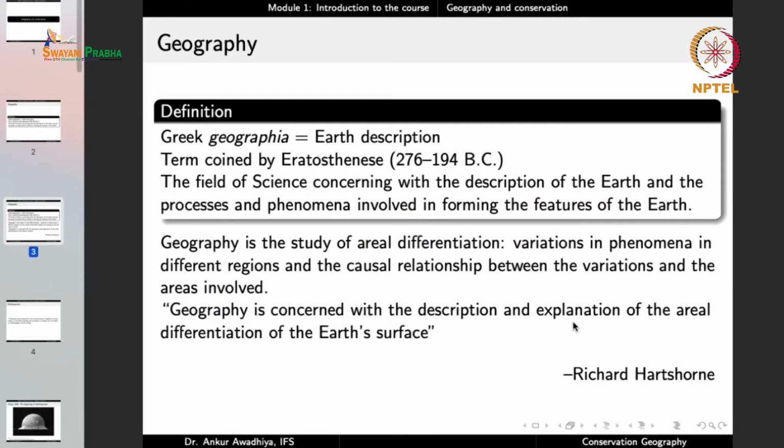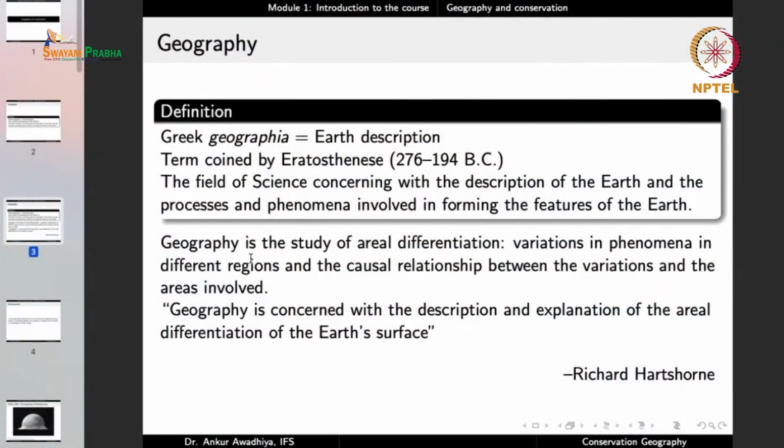Now we can also write it as geography being the study of areal differentiation. That is, if we look over a large area, what are the different things that we find? So when we are describing the earth, when we are describing that, okay, we have mountains here and plains here, what are we doing?